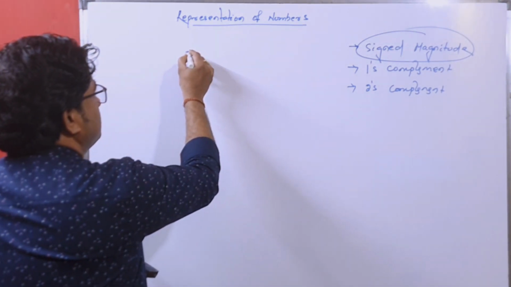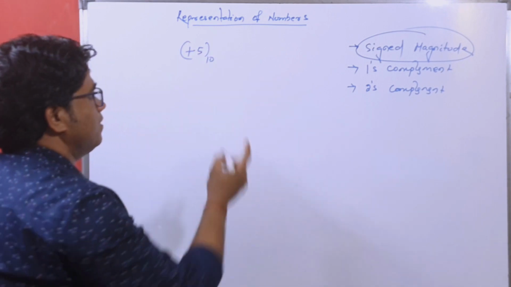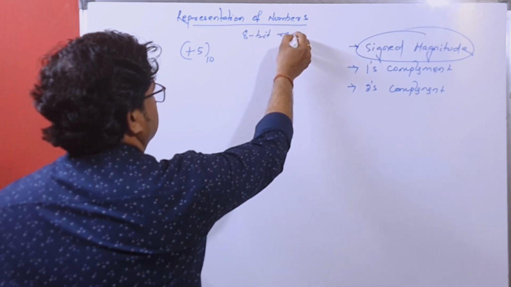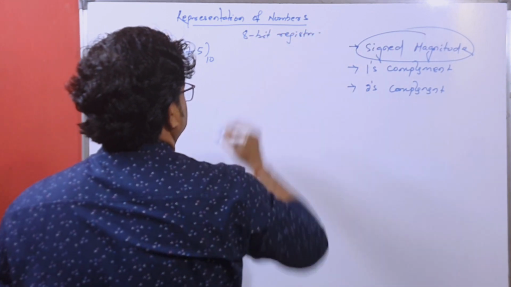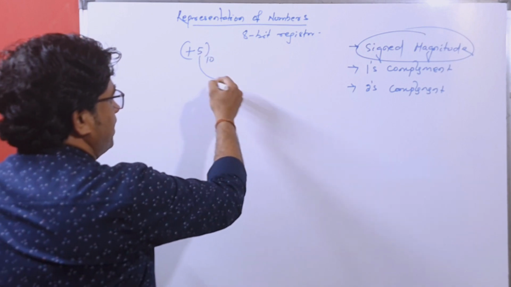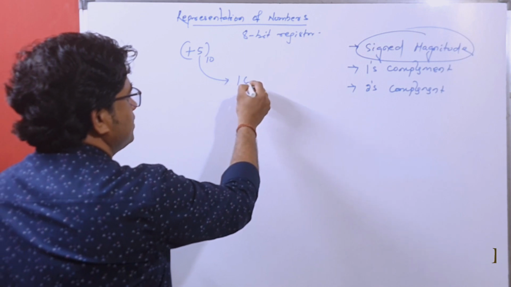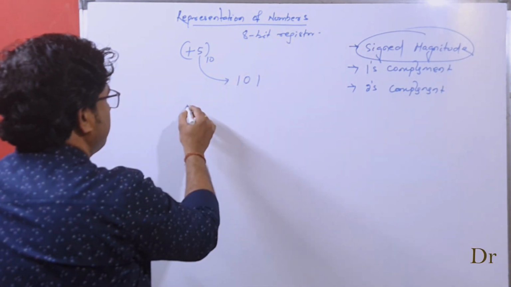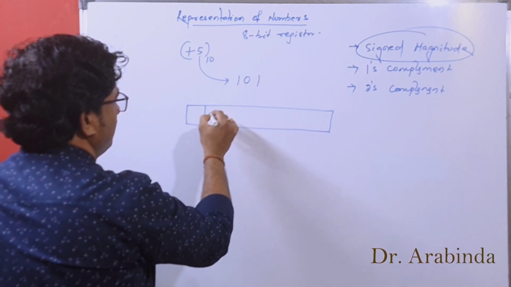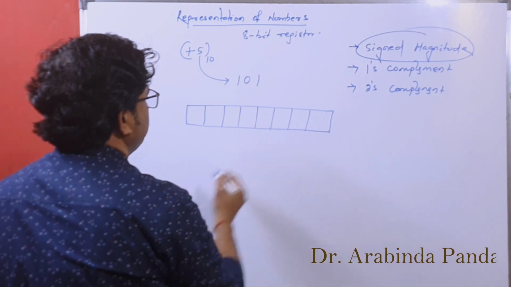Suppose we want to represent the number plus 5 base 10, and here we are using an 8-bit register. First you have to find the binary representation of 5, as all of you know, that is 101. Then take an 8-bit register, 1, 2, 3, 4, 5, 6, 7, 8.